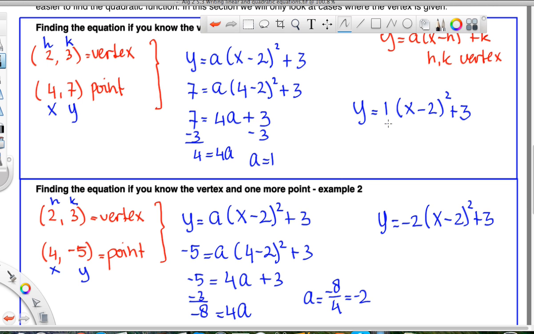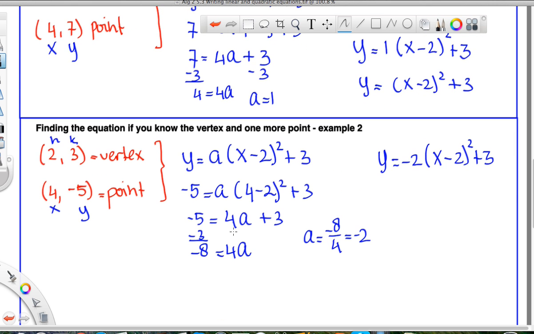So a lot of times we end up with 1 here, and if we do have a 1 there, keep in mind that a lot of times we would just write it like this. So it's an x minus 2 squared plus 3. But you do need to solve for a because, you know, we can flip the parabola, which is what happened in this case. Because look at this here. If 2, 3 was the vertex, so that's 2, 3, right? Then 4, negative 5 would be over here.